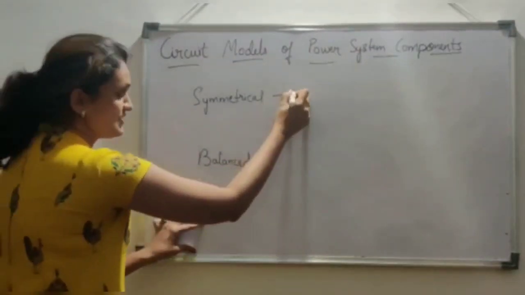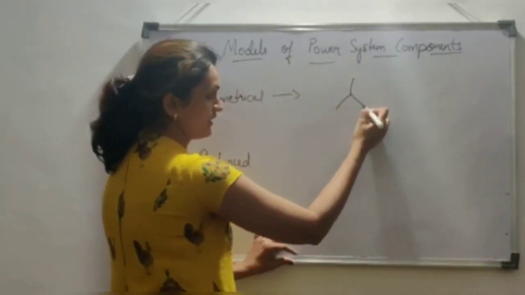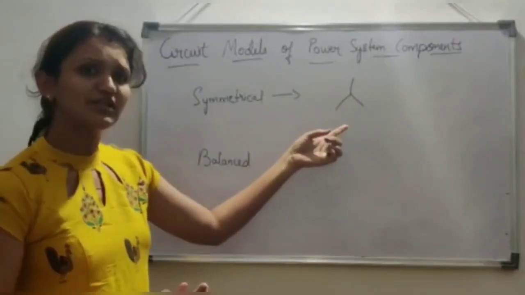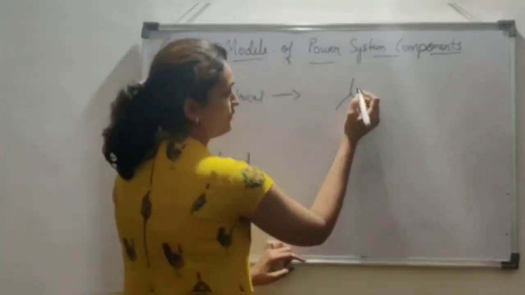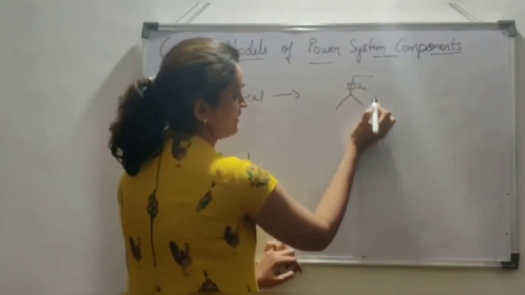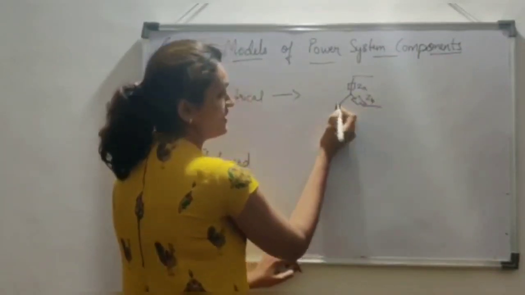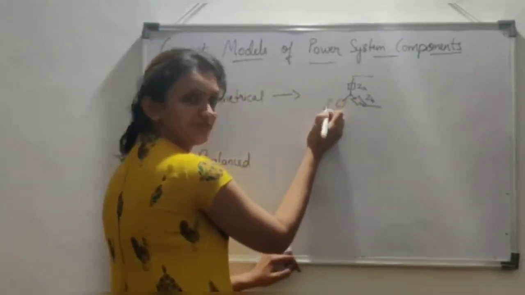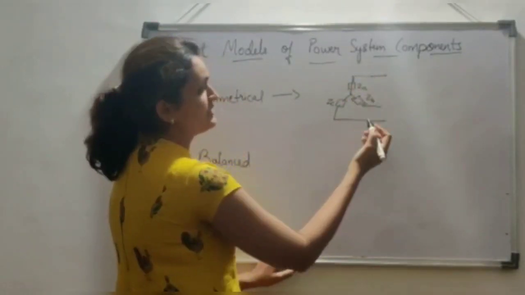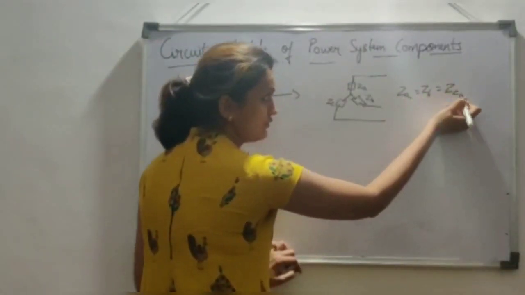So a symmetrical system is, when you're considering a three-phase, this could be a generator or transmission line or a load, the impedance, that is Z of phase A, Z of phase B, and Z of phase C, all these impedances, ZA should be equal to ZB, which should be equal to ZC.